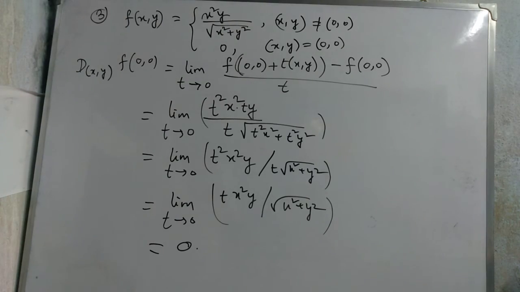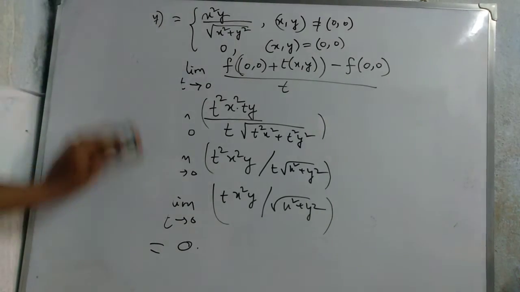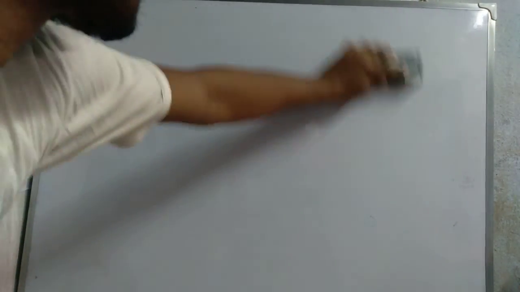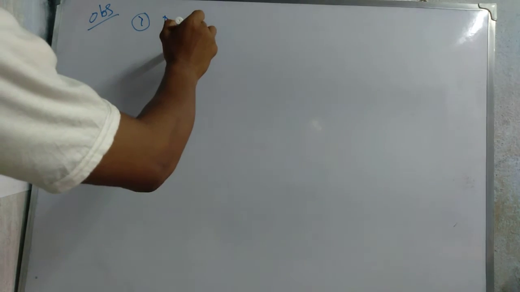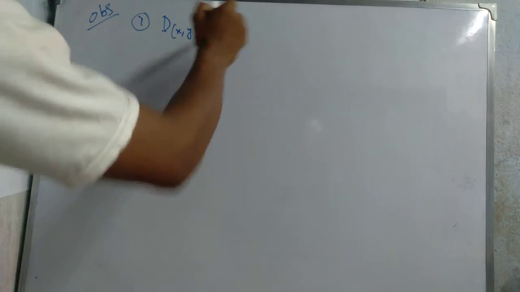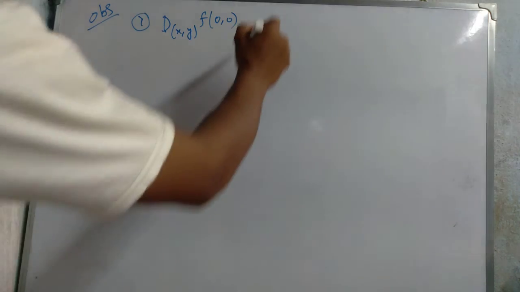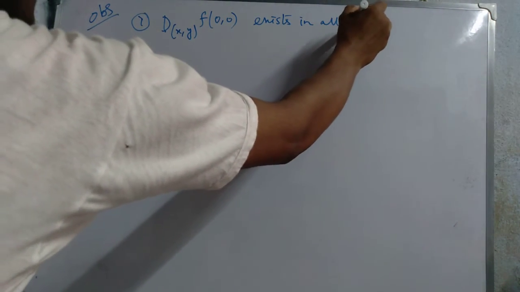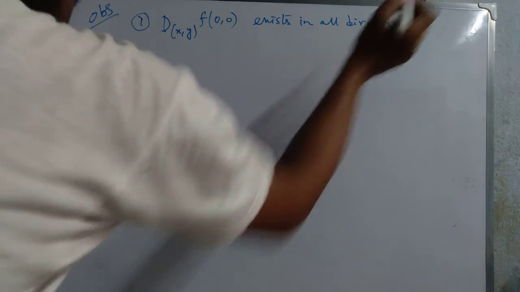Now we are going to make some observations about that. What do these observations tell us? We write here: observation. First we talk about D_(x,y) f(0, 0) existing in all directions.